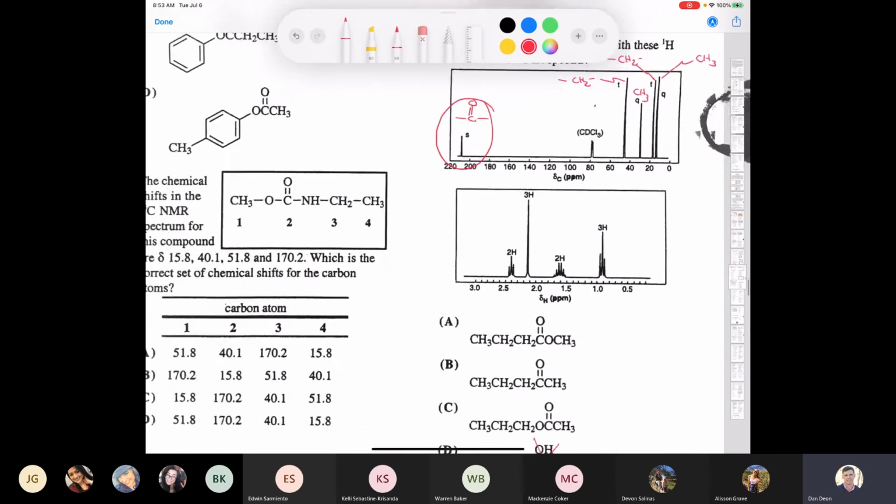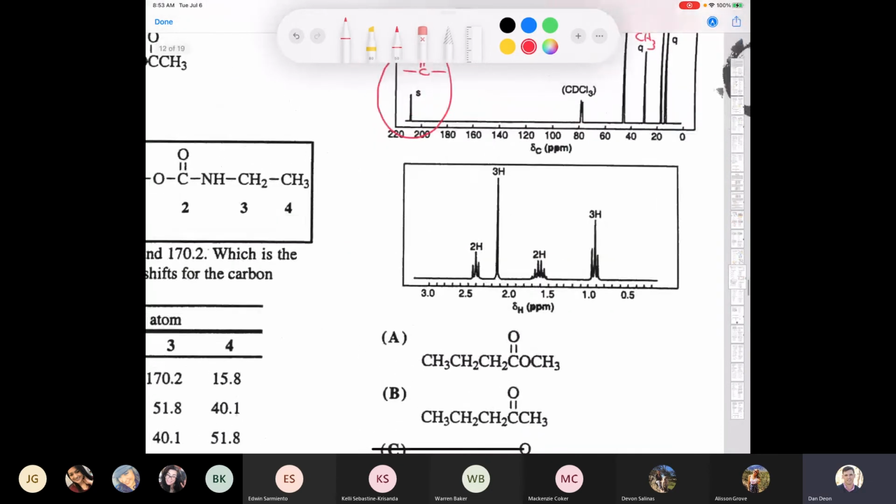And let's take a look here. We've got a triplet that integrates for 3 protons. We've got, what is this, 1, 2, 3, 4, 5, 6. It looks like a sextet to me that integrates for 2 protons. We've got a singlet over here that integrates for 3 protons. And then we have a triplet that integrates for 2 protons.